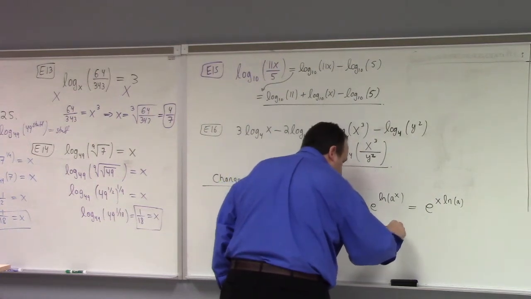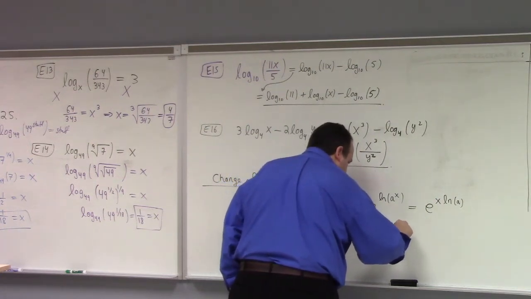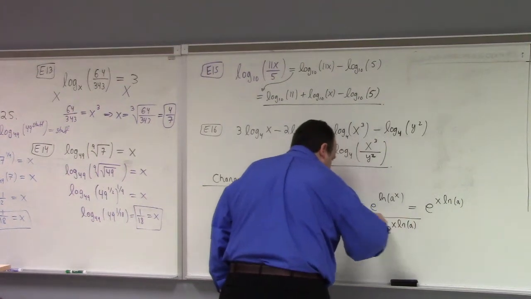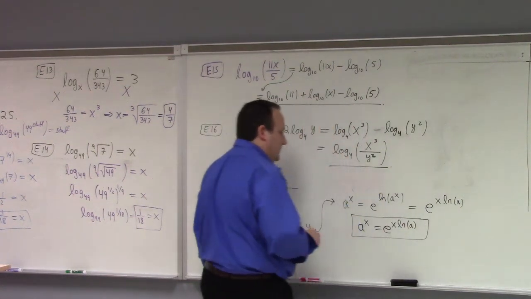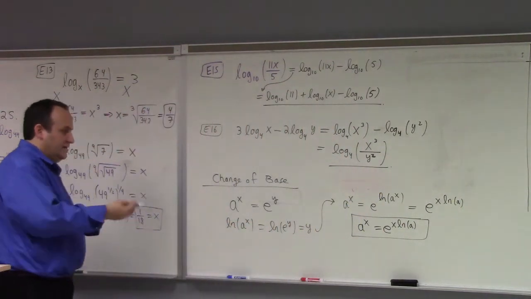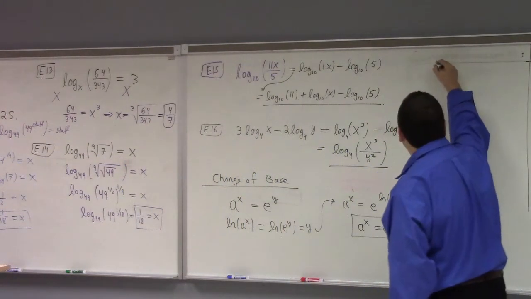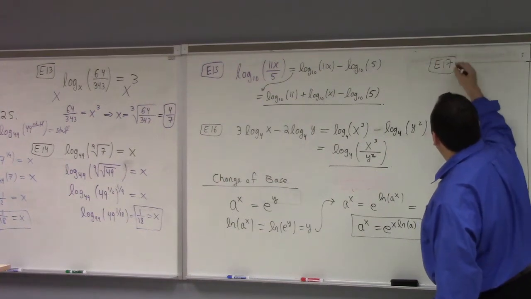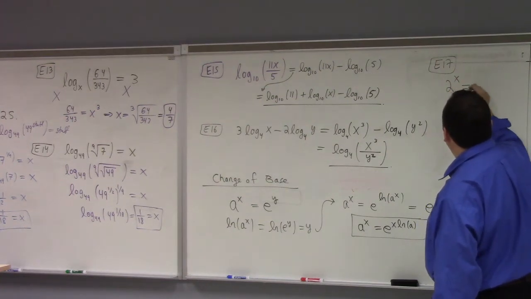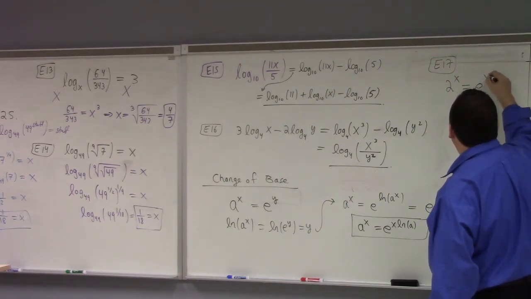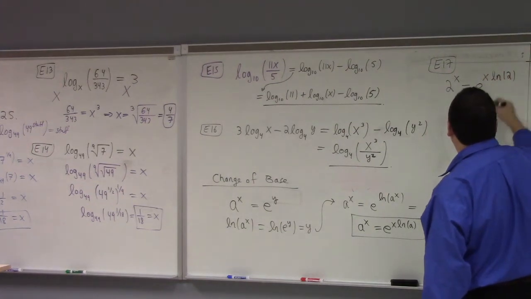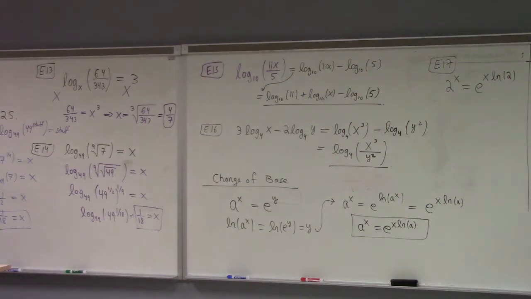We can rewrite a to the x as e to the x natural log of a. It's a very handy trick. Let me apply it to an example, 17. If I have 2 to the x, I can rewrite that as e to the x times the natural log of 2. So I can repackage 2 to the x as an e to the x, but it's not just x, it's natural log of 2 times x, okay?